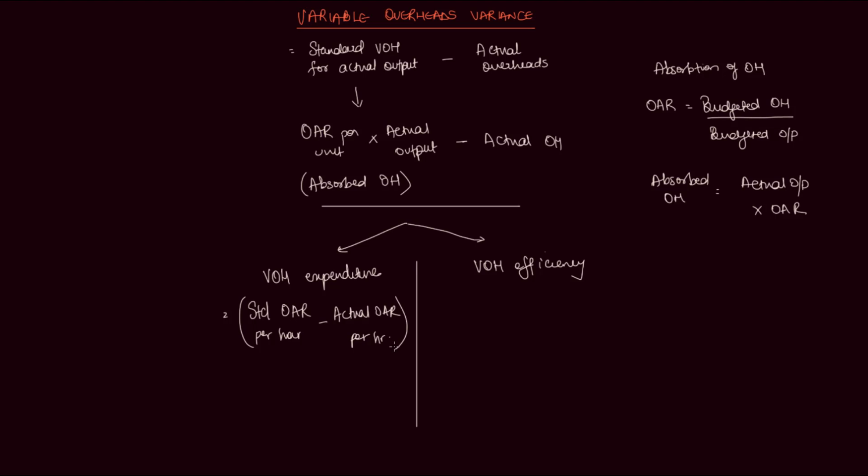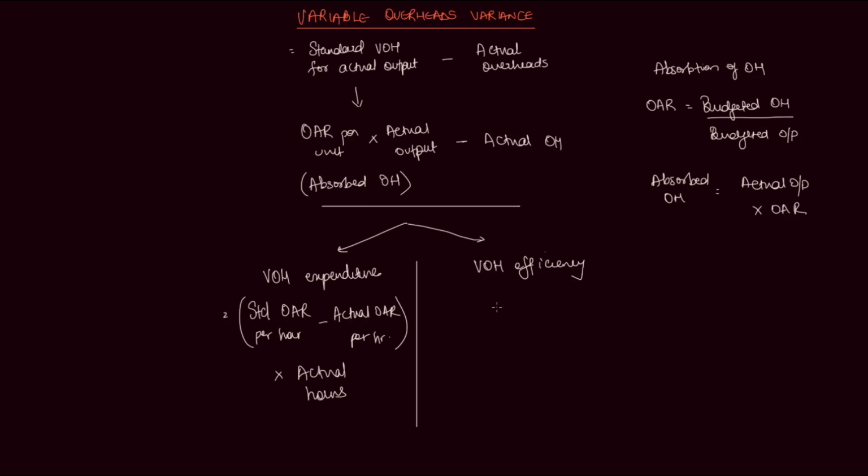This difference will help you understand whether we've spent less or we've spent more per hour of activity. And that's how we can arrive at our variable overhead expenditure variance. But this difference will obviously be in dollars per hour. We need to multiply this with the actual hours worked during the period. Then we will arrive at our overall variable overhead expenditure variance.